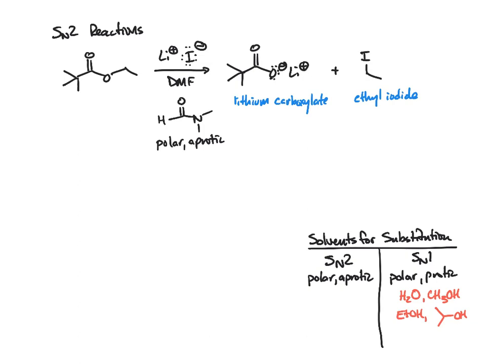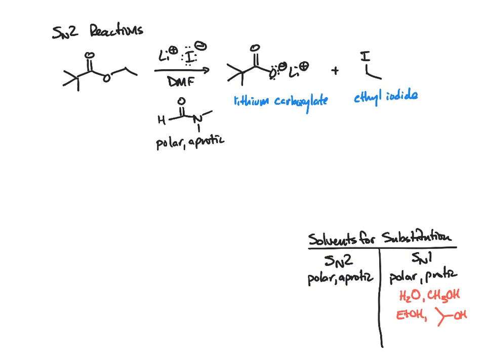It's anything that has a dipole moment, so a covalent bond that's polarized based on electronegativity. The protic means something like OH or NH. More often than not, just to make your life easier, just think of any sort of alcohol as what these are typically run in. Polar aprotic solvents are ones which you're probably not as familiar with yet. They still have dipole moments, but there's no acidic proton.